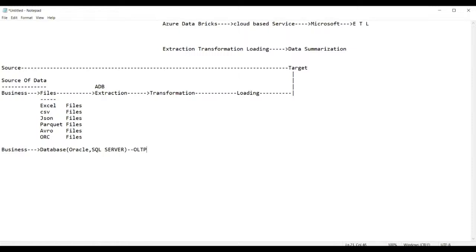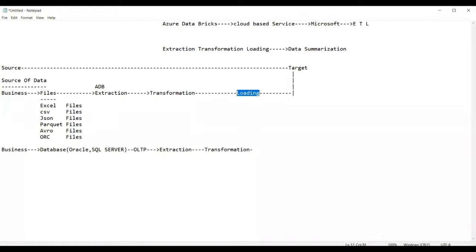Now from this database, we perform the same process. Extraction will be done, that means using the ADB we extract the data. Once the data is extracted, we perform the transformation on the data. Transformation is the actual process of data summarization or preparing the data as per the requirement of the client.